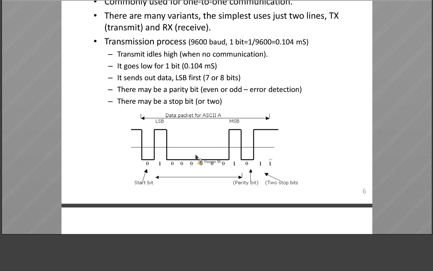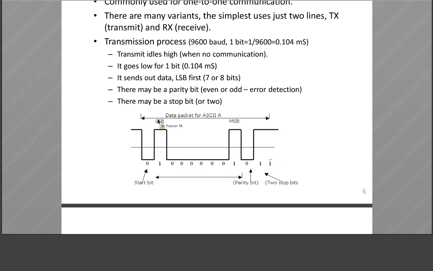Here we see a packet of data in UART. The line is at logic 1, and a zero shows a start bit, a 0 with a duration of 1 bit.